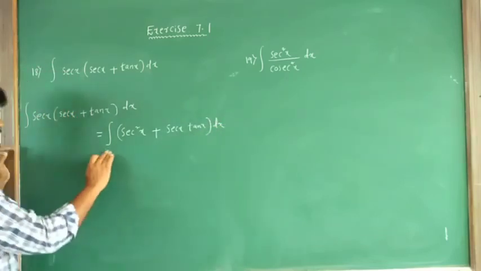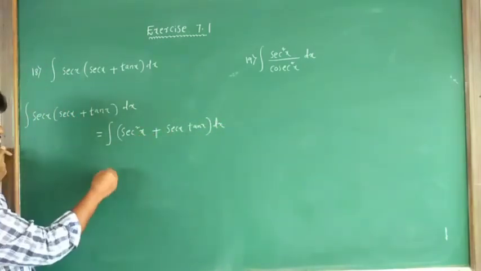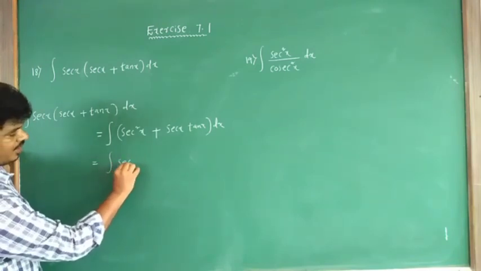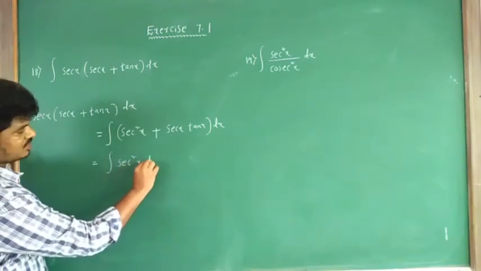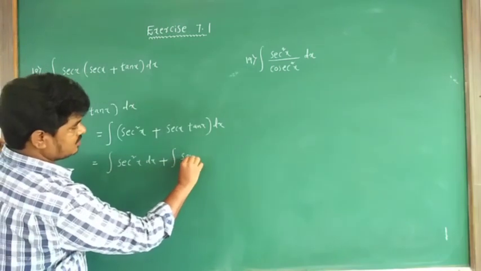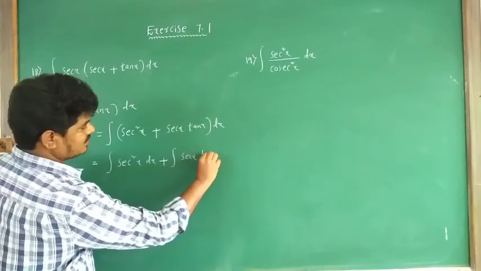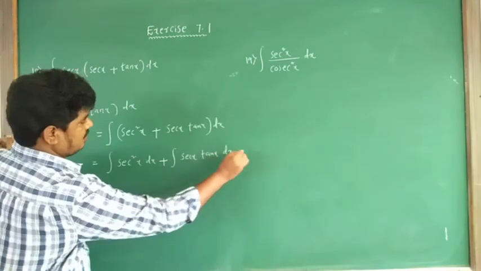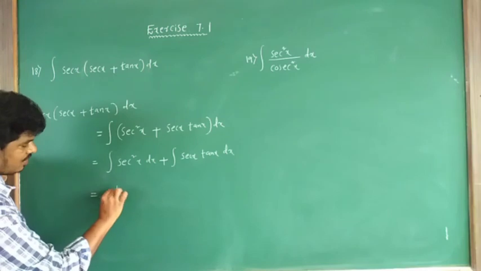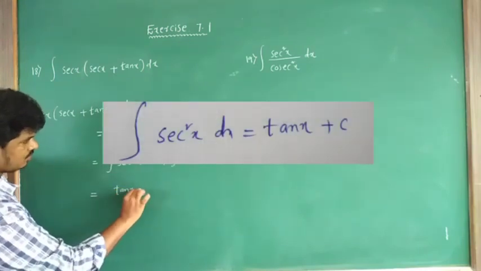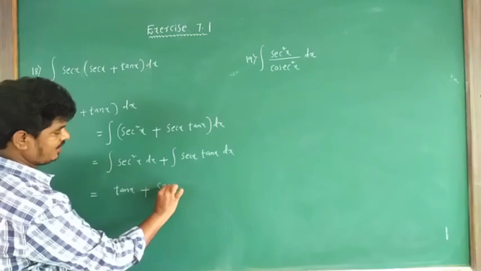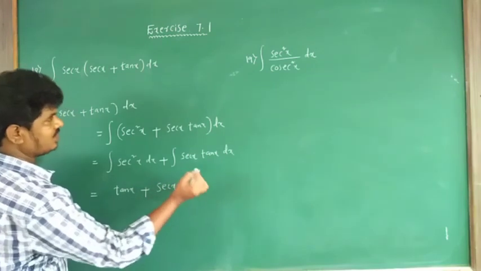If you want, take the integral separately, otherwise you can write it directly. I am going to take it separately: integral of secant square x dx plus integral of secant x tan x dx. Here I already said that the integral of secant square x is tan x, plus the integral of secant x tan x is secant x plus c.